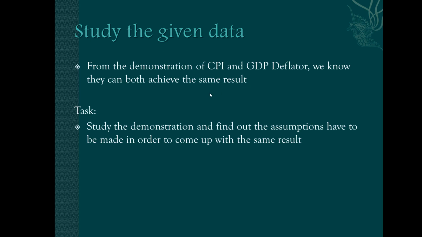Once again, go back to the slides above and try to study the data. Tell me what kind of assumptions we have to make for those two methods in order to come up with the same result. Look at the data and tell me the assumptions we have to make in order to show the same number from both indicators. 3 to 5 minutes.